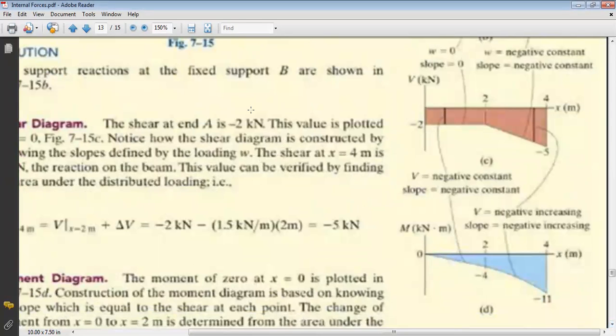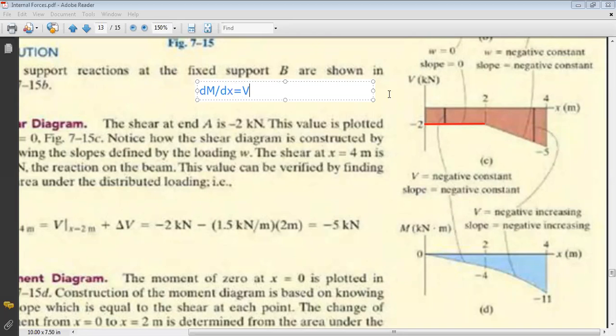Next step, since I know now my starting point, I will look at the V diagram. For my V diagram, what do I have? For the first step, V is constant negative. It's equal to minus 2. And I know that the shear is the slope of moment, because we have derived together that dM by dx is equal to the shear.